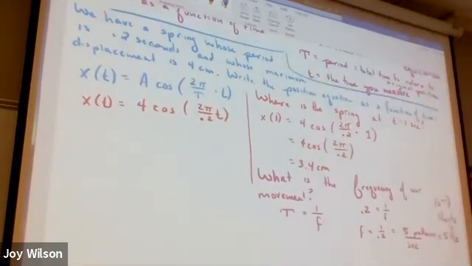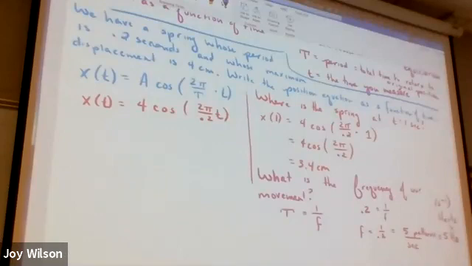So what I did was I started in, I went all the way out, all the way back. 1, 2, 3, 4, 5, and I did all of that in 1 second. So in 1 second, that shows me at 3.4.